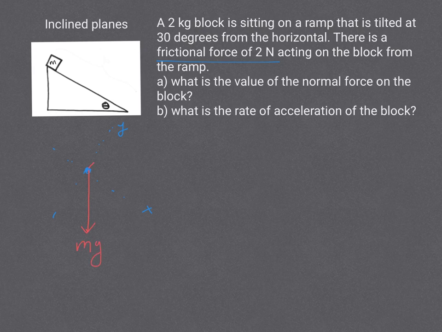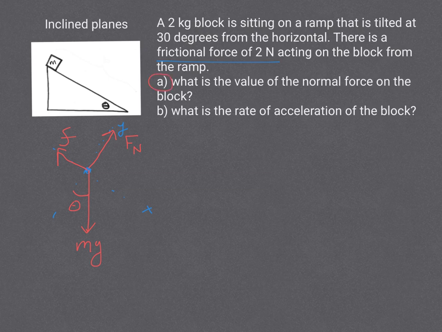I have the normal force acting perpendicular to the surface along the y direction. And then I'm going to have a frictional force up the ramp. Okay, and the angle is going to go between the y-axis and gravity. So that's the first thing. Always draw the diagram.